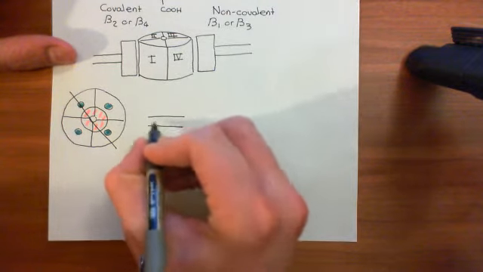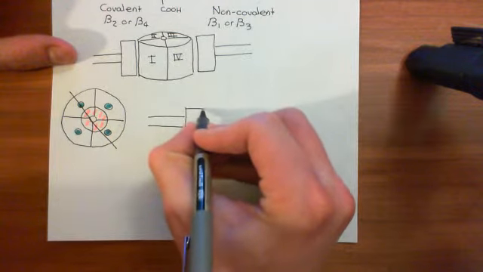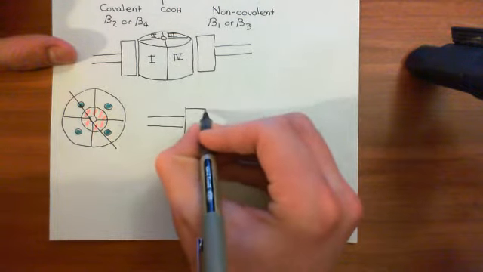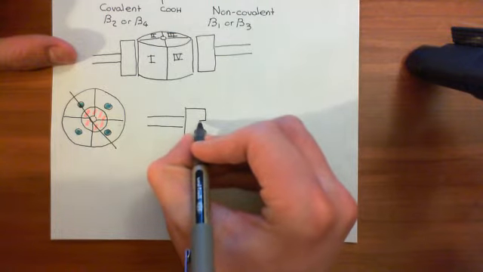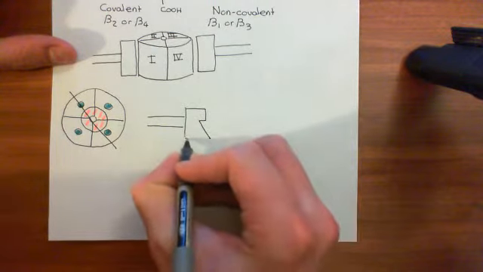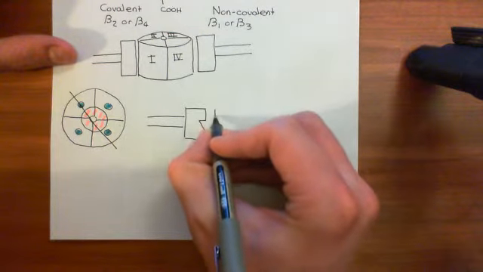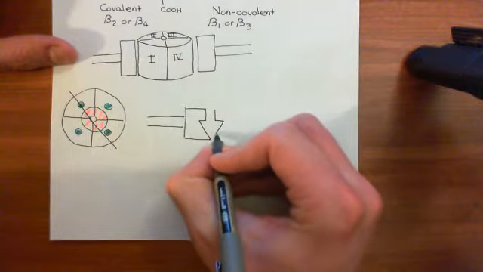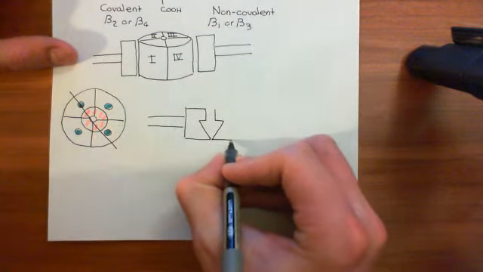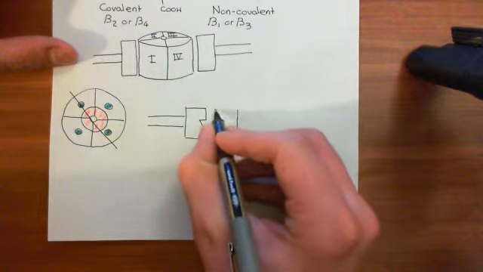Here is the cell membrane, and sitting in the cell membrane we have our voltage-gated sodium channel. It will have a shape that looks something like this. Then let's have the other one here. Initially, the voltage-gated sodium channel that I'm drawing at the moment is closed.